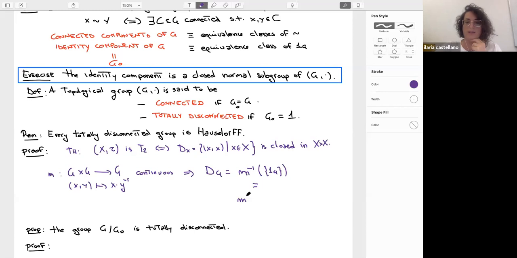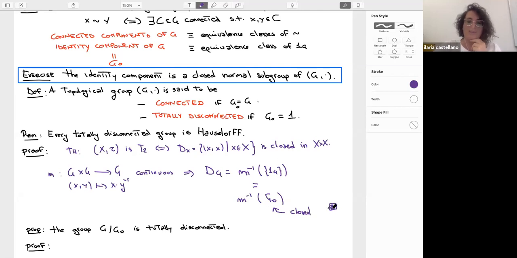So actually the trivial element is the connected component G naught, and G naught is closed by this exercise here. So we have that the preimage of G naught is closed, and then the diagonal is closed. And this means that the group is Hausdorff.